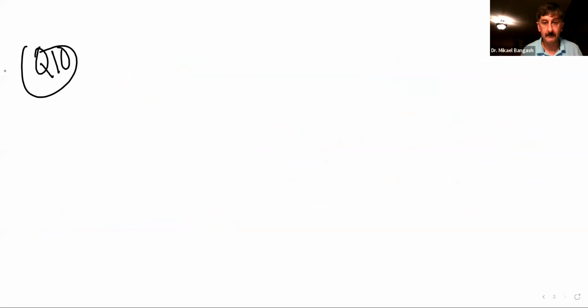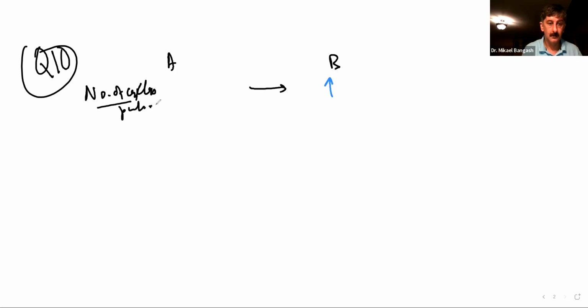What they say is that, let's go from A to B. What is it that we do? We increase the number of cycles per pulse.